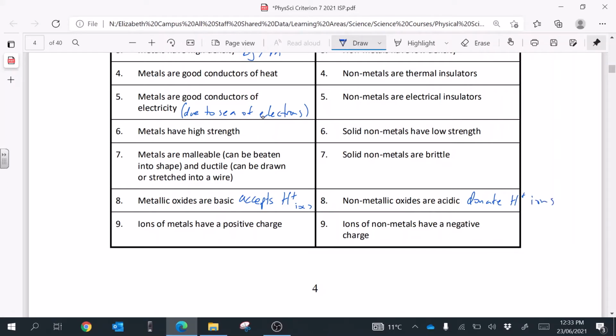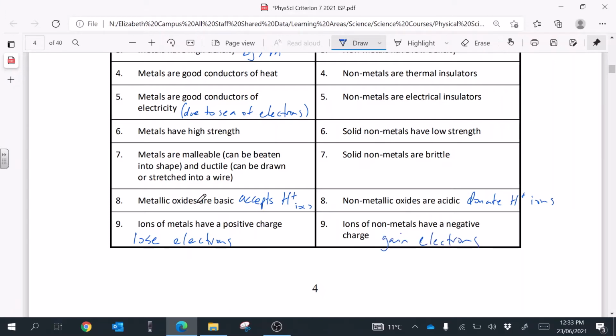We'll talk about that a lot more when we talk about acids and bases. Ions of metals have a positive charge because they lose electrons, and ions of nonmetals have a negative charge because they gain electrons.